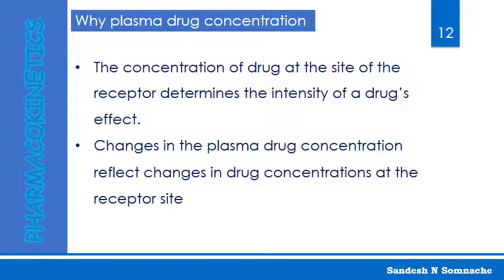But it is very difficult to determine how much concentration of drug is present at the receptor site. That's why we use the plasma drug concentration, because a change in plasma drug concentration reflects the change in drug concentration at the receptor site.